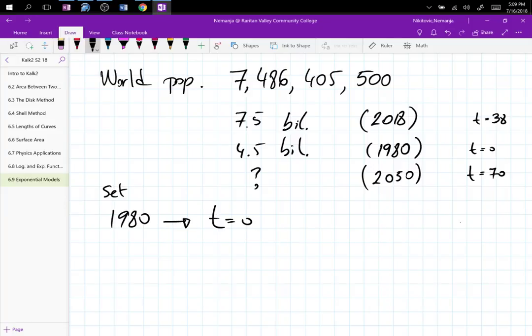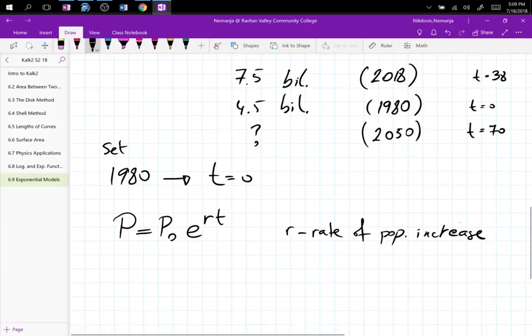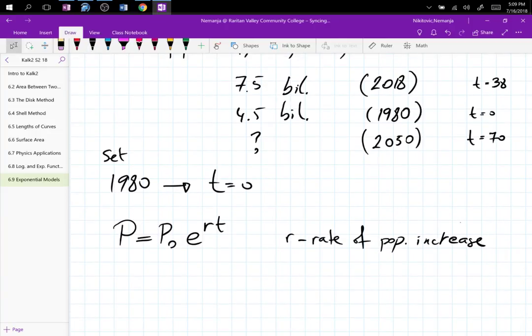So now we are going to use population equals initial population times e to the rt. R, in this case, is the rate of population increase. We know that initial population is 4.5 billion.